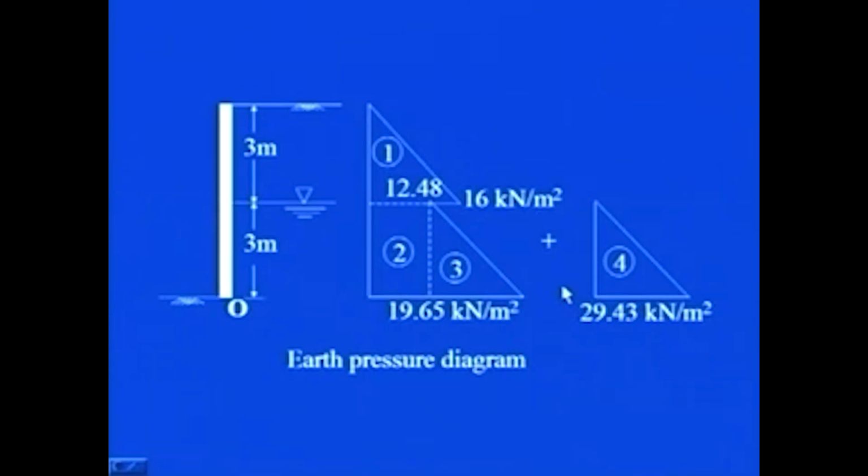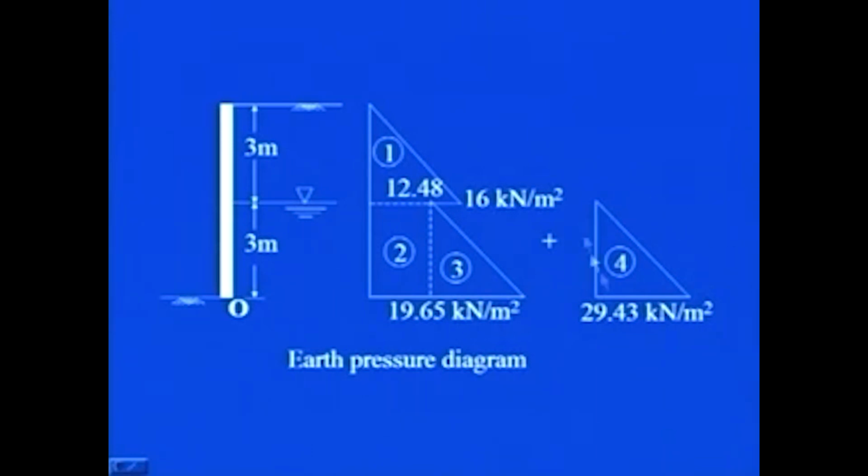Plus, we are forgetting one thing: the water present over here will cause hydrostatic pressure, and we have found its magnitude to be 29.43 kilonewton per meter square. So you simply have to add this area to the lateral earth pressure diagram. Okay. So you see the shape of the earth pressure diagram is from 0 till 16, then it reduces to 12.48, and then it increases linearly to 19.65 kilonewton per meter square.